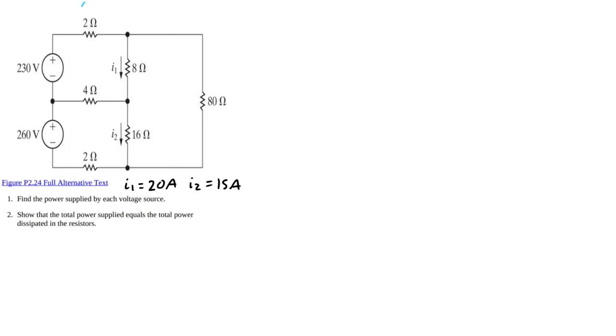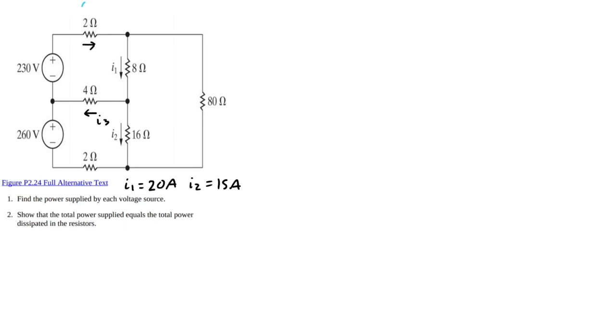Now, since I2 is lower than I1, there's a good chance, no, not a good chance. Sorry. We're going to know that I4 is probably going to go this direction. Or not I4. Okay, let's call this I3.